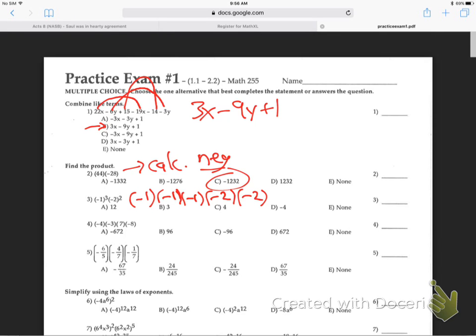Negative, because it's an odd amount. So 5 negatives means a negative answer. Then you just multiply: 1 times 1 times 1 is 1, times 2 times 2 is 4, but it's negative 4, not positive 4, because of 5 negative signs. Is that good?